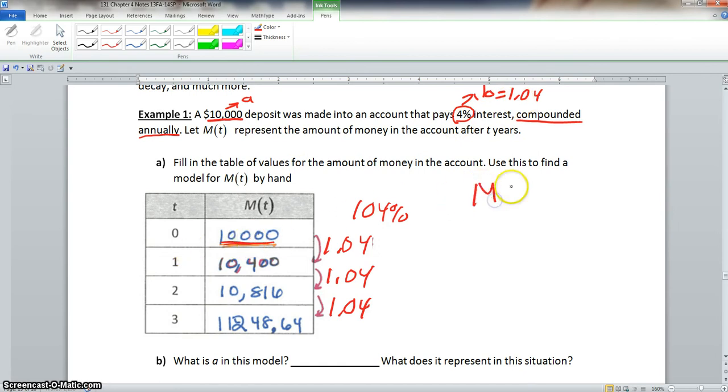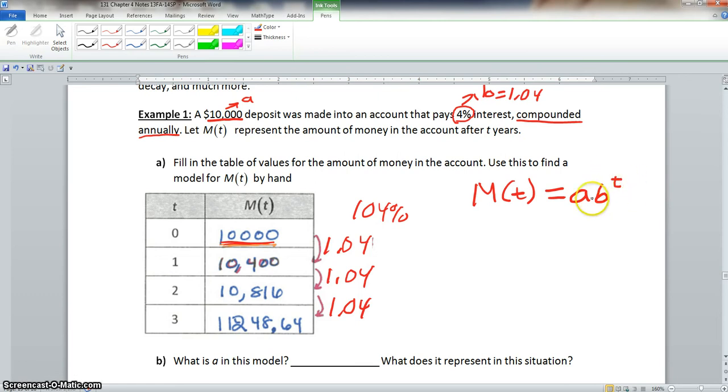So we will have M of t is equal to A times B to the t, as we would substitute in for t the x that we usually would have with A times B to the x.